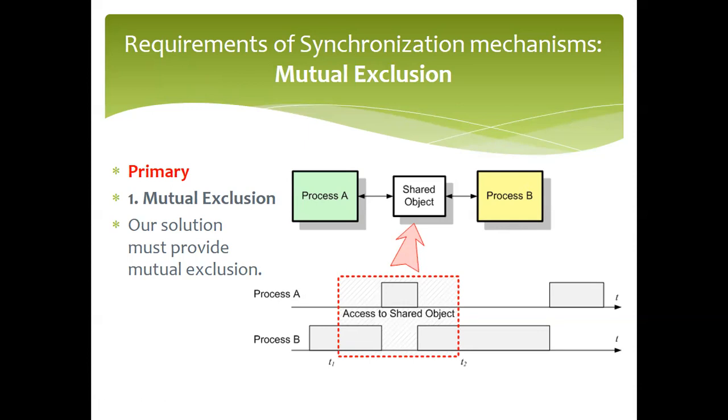For example, if two processes, process A and process B, are using the same shared object, then process A and process B cannot use the same shared object at the same time.